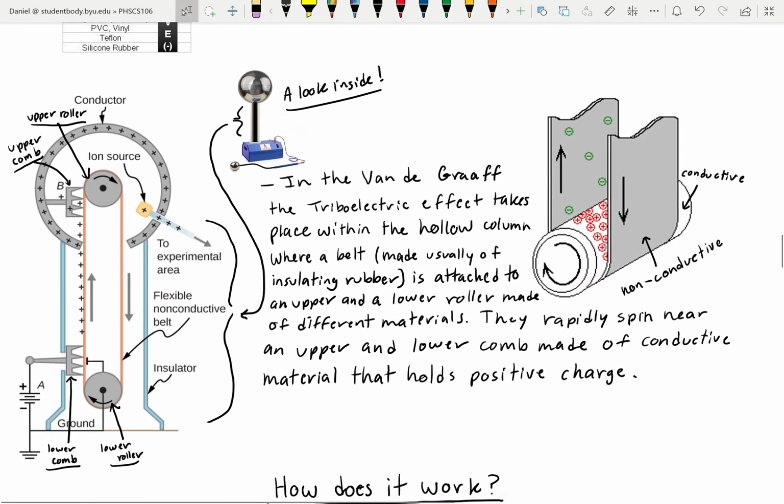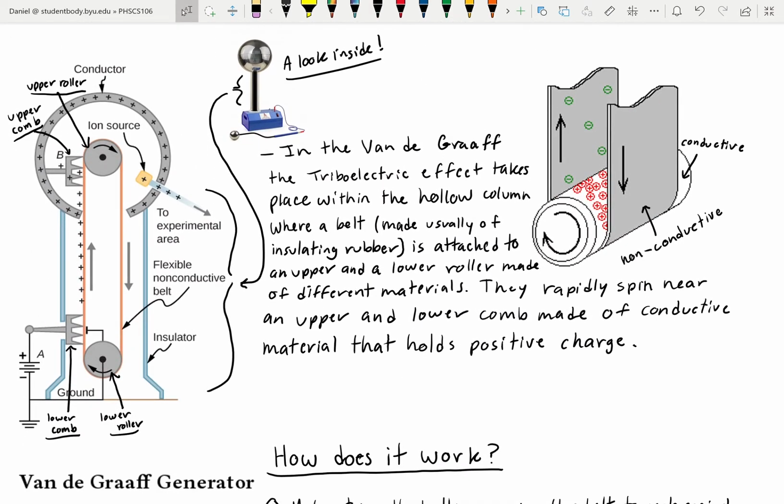So let's take a look inside the Van de Graaff. In the Van de Graaff, the triboelectric effect takes place within the hollow column, where a belt, made usually of insulating rubber, is attached to an upper and a lower roller, which are made of two different materials. They rapidly spin near an upper and a lower comb made of conductive material that holds positive charge. So you see here to the left, you have your lower roller.